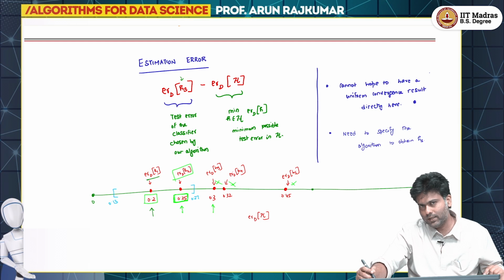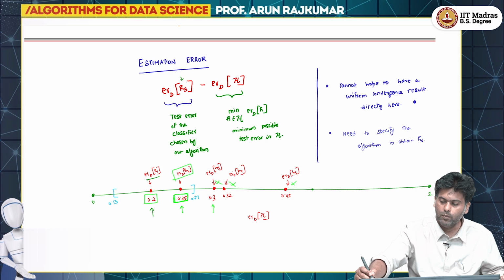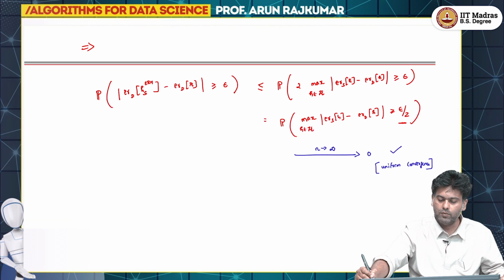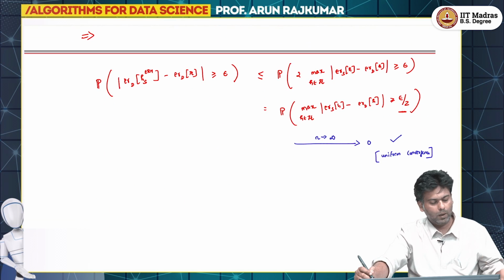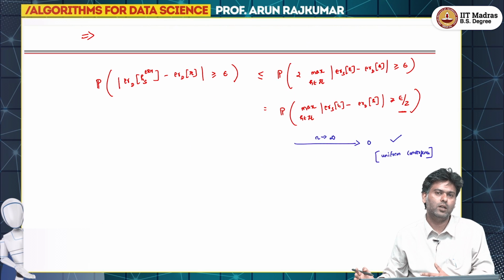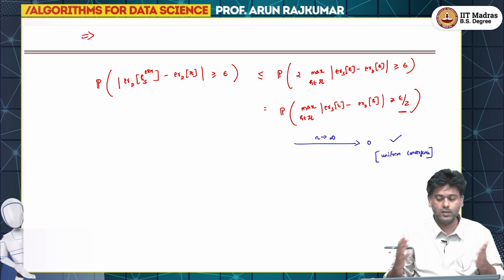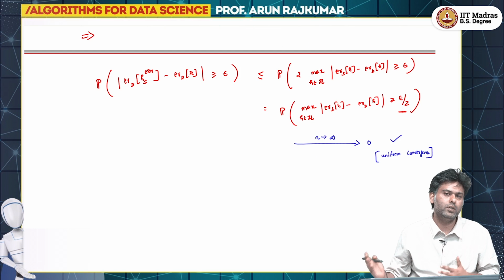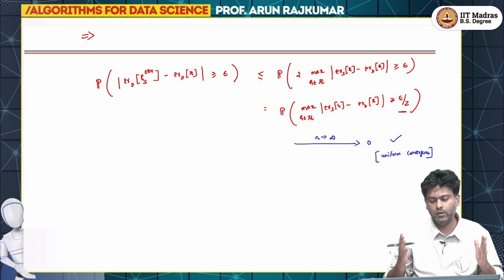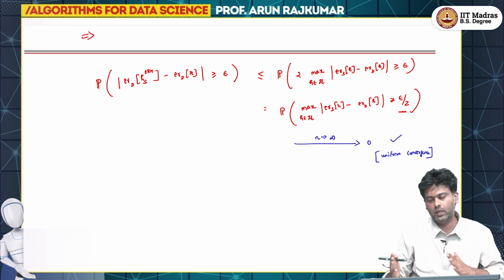But once you fix the algorithm, which in this case is ERM, what we have managed to do is upper bound the estimation error by the generalization error. That happens at least if it is ERM. This is not a necessity, it is a sufficiency thing.